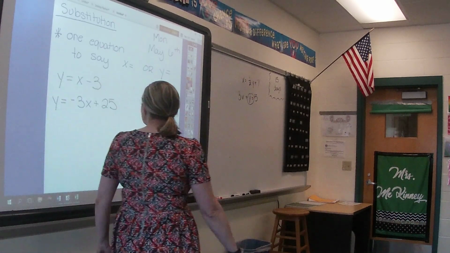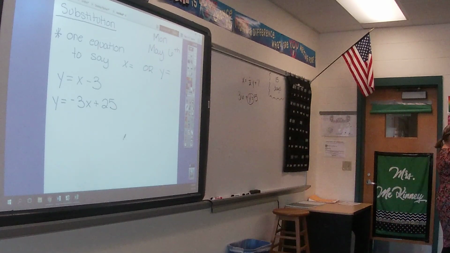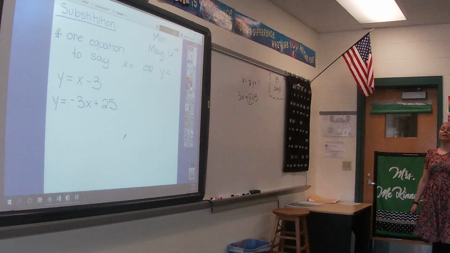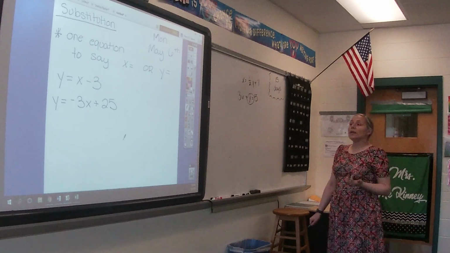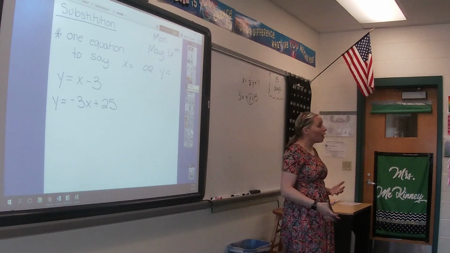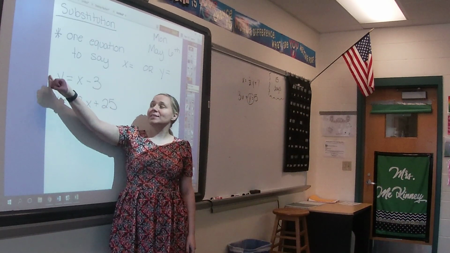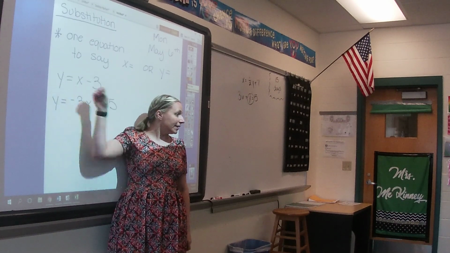So if we look at this, we should be able to say that this is one that would be reasonable to solve by substitution, because we have at least one equation that says y equals.